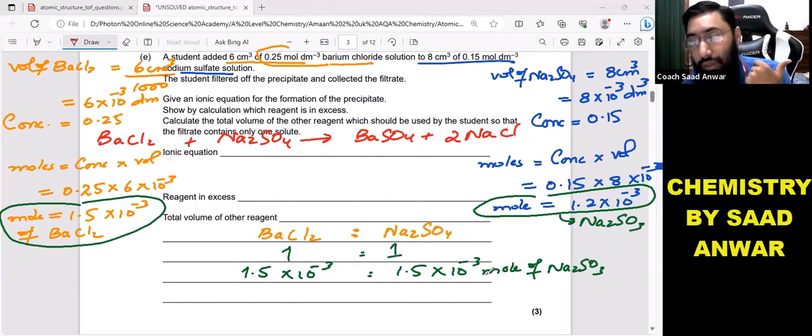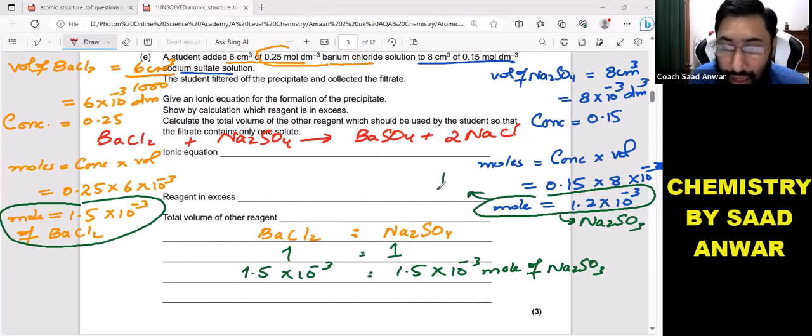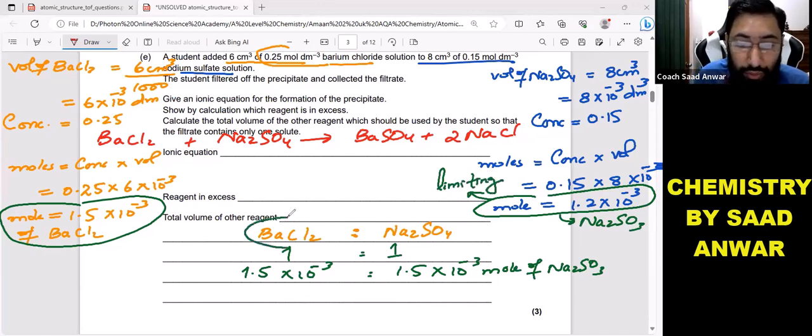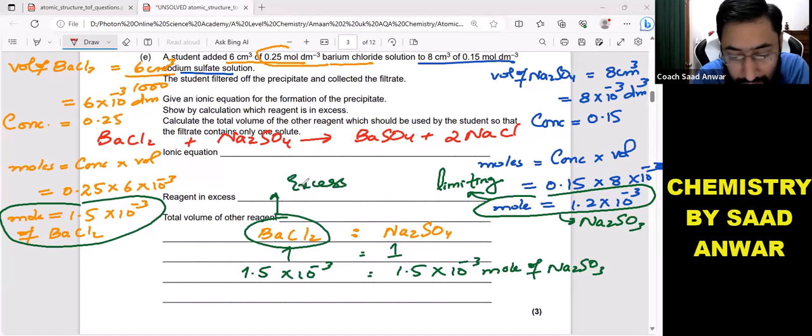So they have given me limited moles. So sodium sulfate is my limiting reagent, and barium chloride is my excess reagent. This is one way to solve this question; there can be other ways as well.